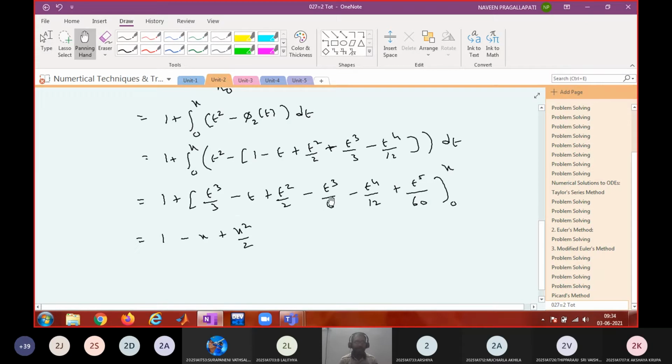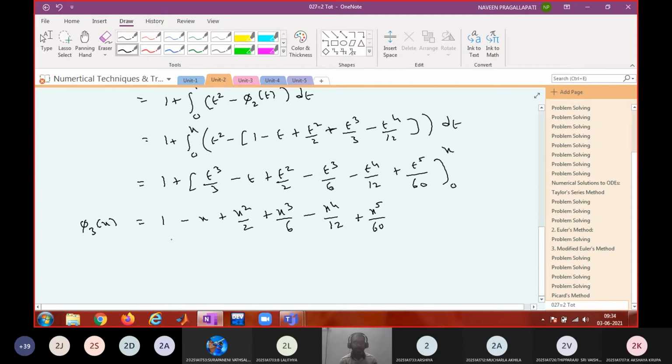Am I right? So that means plus x cube by 6 minus x power 4 by 12 plus x power 5 by 60. So this is what? Phi 3 of x, which is containing up to x power 5.